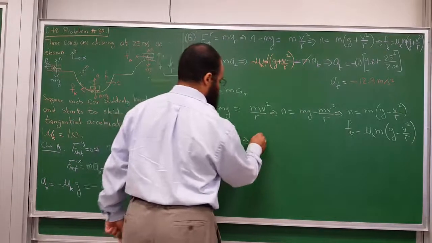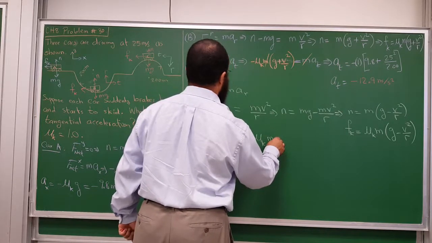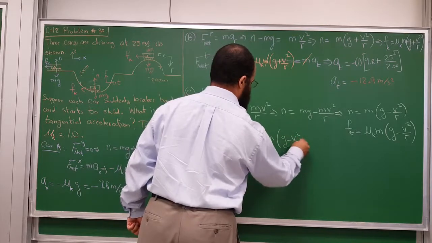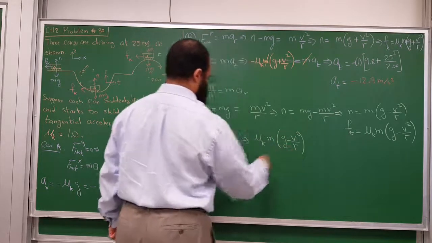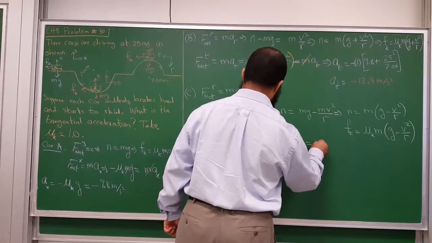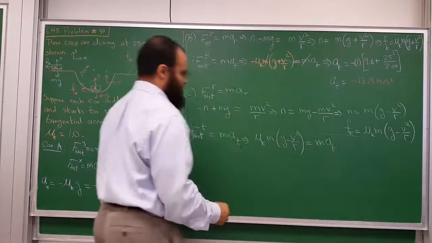So it would be mu k m times g minus v squared over r. That's the force of friction. That's the only force along the tangent, equal to the mass times the acceleration in the tangential direction.